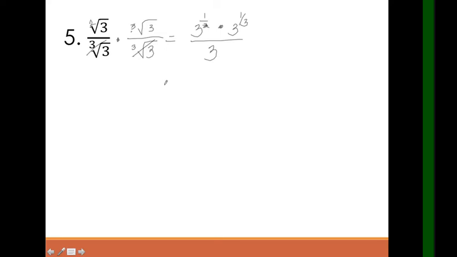Yung isa is square, 2, ito naman 3. So, ang gagawin ko, ay gagawin ko muna siyang exponential form. And then, kukunin ko yung kanilang, since pareho naman sila ng base, so pagsasamahin ko na, then 1/2 plus 1/3. Right? Then, after that, sulat ko ulit yung denominator. So, we have the 3. What is the LCD of 2 and 3?